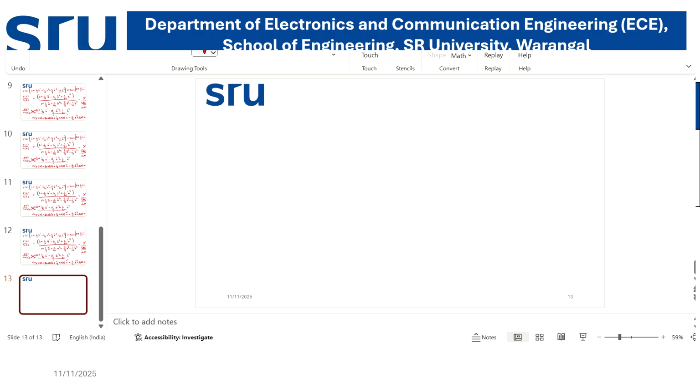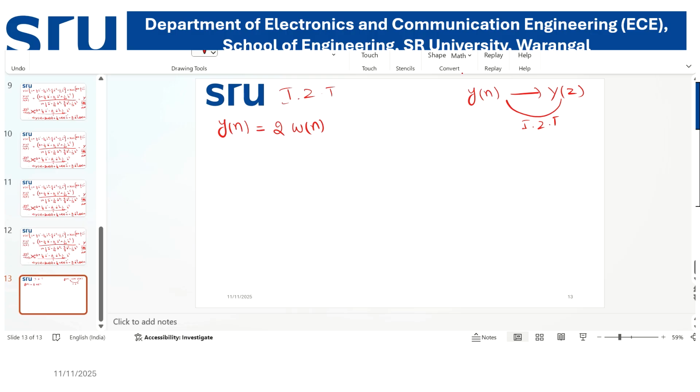Now apply the inverse z transformation on both sides. Generally for y(n), if we apply the Z transformation, we will get Y(z). Now, if you are applying the inverse Z transformation on Y(z), it will become again y(n). In the same way, y(n) is equal to 2 into W(z) becomes w(n).